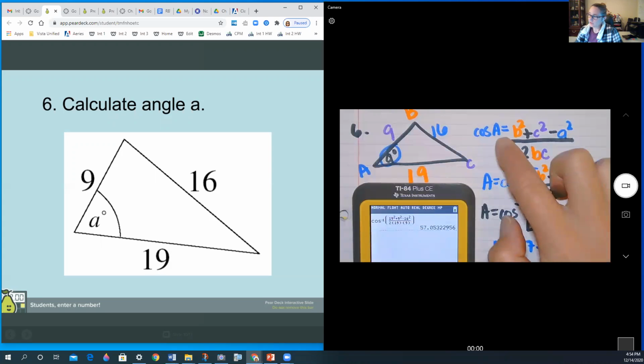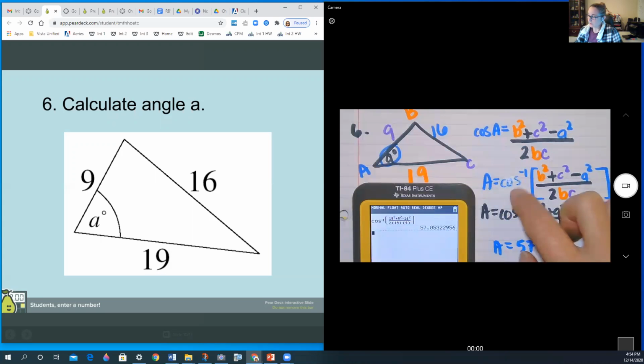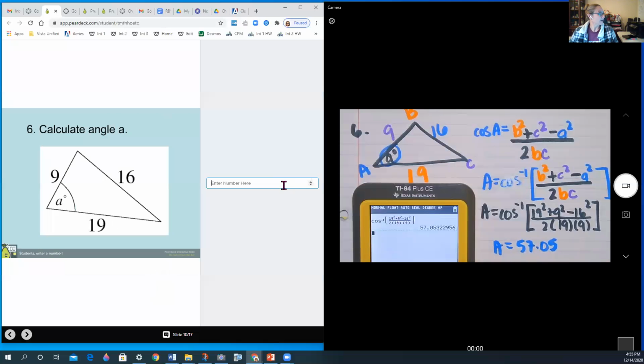And since I need to find the actual angle A, I need to do cosine inverse of b squared plus c squared minus a squared all over 2bc. And then I just substituted in the values, 19 squared plus 9 squared minus 16 squared over 2 times 19 times 9. I put it into my calculator and I ended up with 57.05. So I'm going to enter that in, 57.05 as my answer.